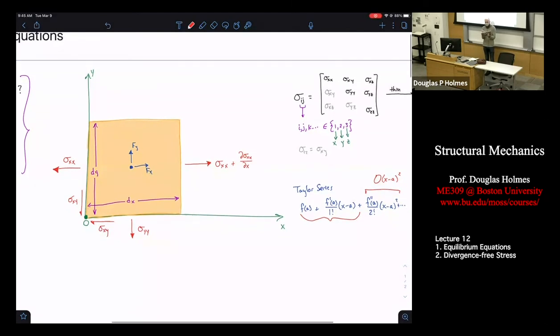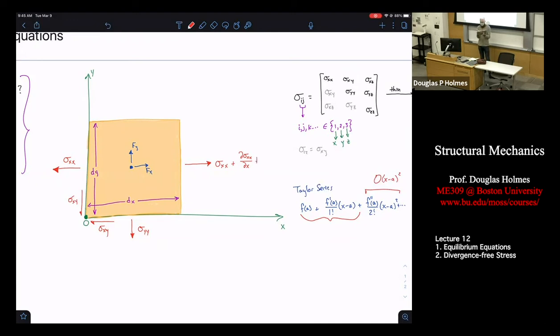So this is the partial derivative equivalent of this term here. Now we have to multiply that by where we are minus where we were. If we were at the origin and we've only moved in the x direction a distance dx, then dx minus 0 is just dx.